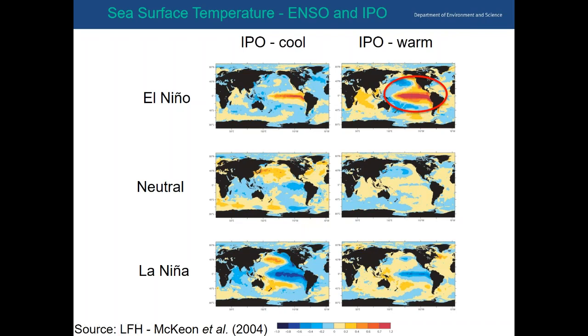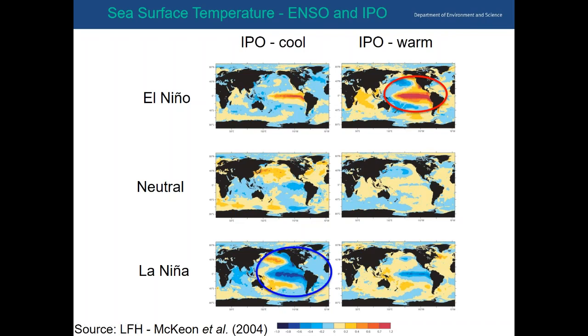The extreme opposite to that is when we have an IPO cool and La Nina, and this is when we get our wettest wets. Suffice to say, if we have this warm IPO, it will dampen down and even give us a failed La Nina. Likewise, a cool IPO will soften an El Nino.